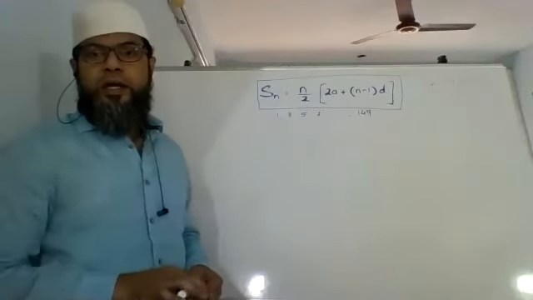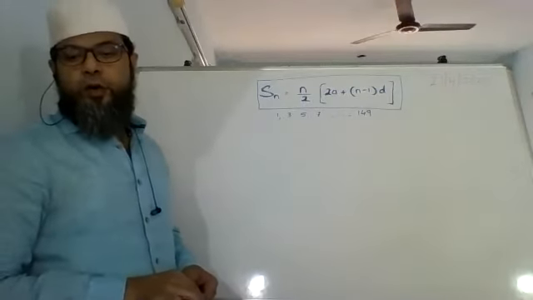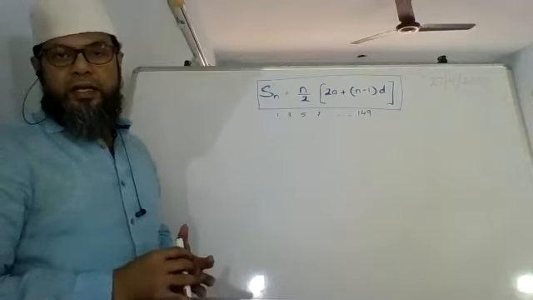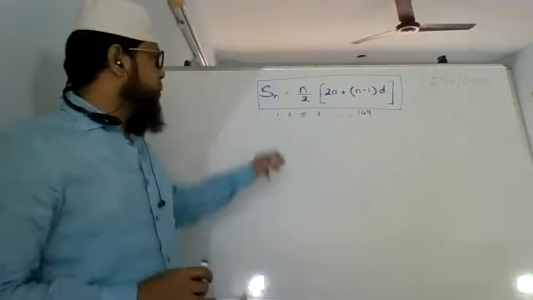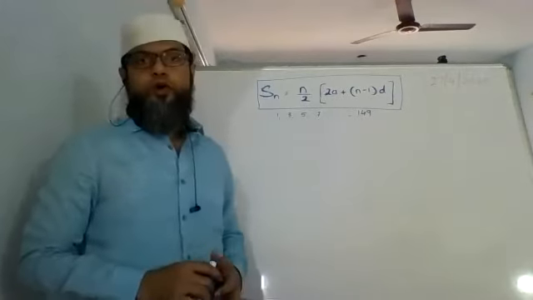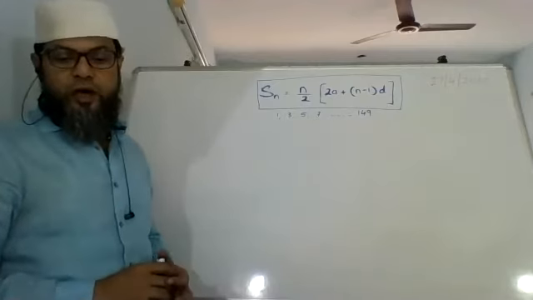Okay, so we have 1, 3, 5, 7 going up to 149. This obviously is an AP because everywhere the difference is 2.